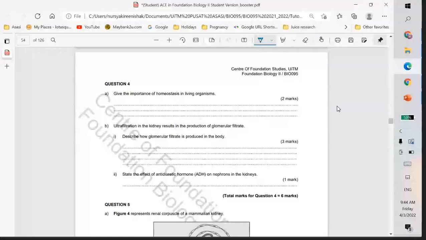If the weather is hot, it will not change to 45 degrees Celsius, for example. So there will be mechanisms such as sweating. If too cold, you will shiver, for example. So those are different mechanisms that your body will carry out that allow you to adapt to live in a wider range of habitat.